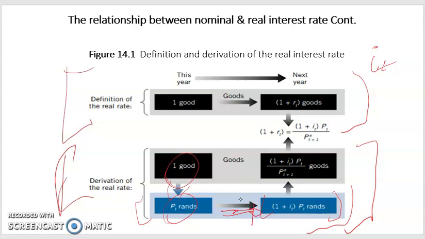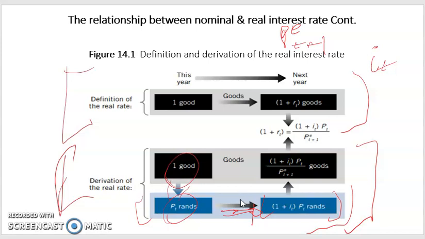But what we care about is not rand but loaves of bread. Therefore, the last step involves converting rand back to loaves of bread next year. We let P^e_{t+1} be the price of bread you expect next year.